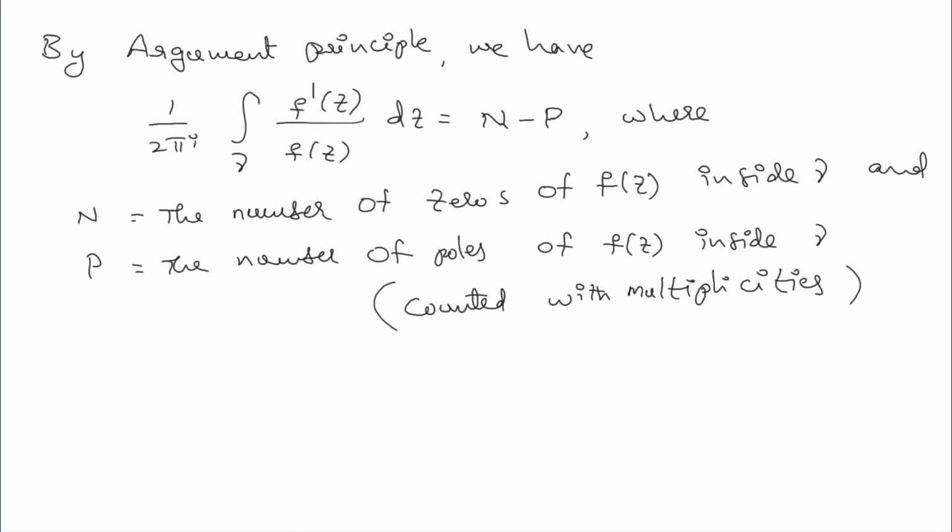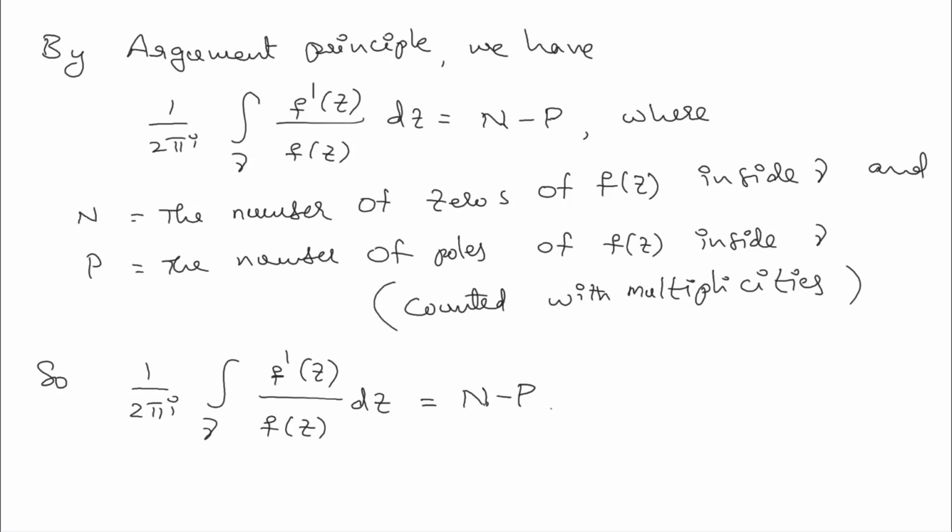So we get 1 divided by 2 pi i times the integration over gamma of f dash of z divided by f of z dz equal to n minus p, as we defined the terms n and p.